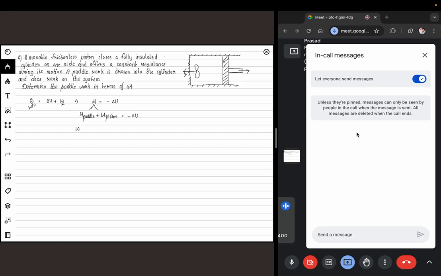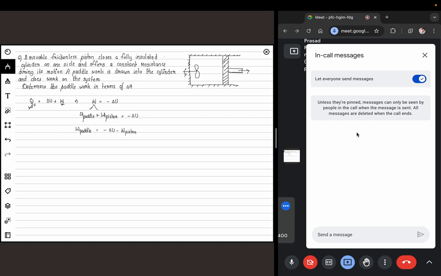Now work done by the paddle is going to be minus delta U minus work done by the piston. As the paddle is rotating, the contents are heated up. If you imagine you are stirring a tea, then it gets heated up. So as you stir, these contents get heated. Since it is insulated, temperature will increase.